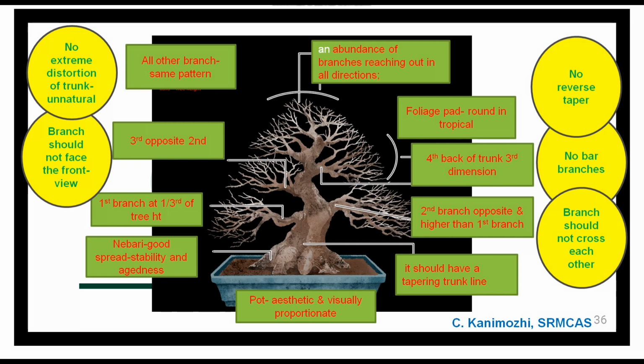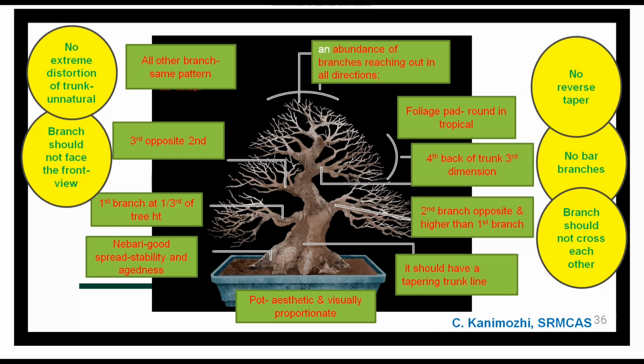In this style, you could see the first branch developed at one third of the tree height, whereas the second branch is opposite, but not exactly opposite, a little higher than the first branch. Then the third branch is opposite to the second branch, also not exactly opposite, but a little higher than the second branch.